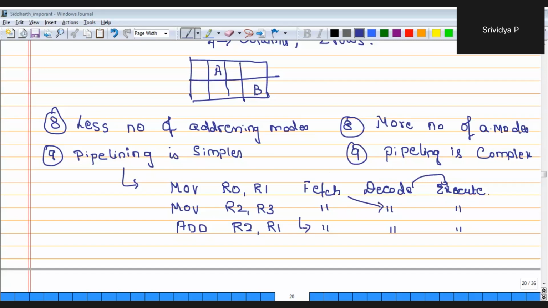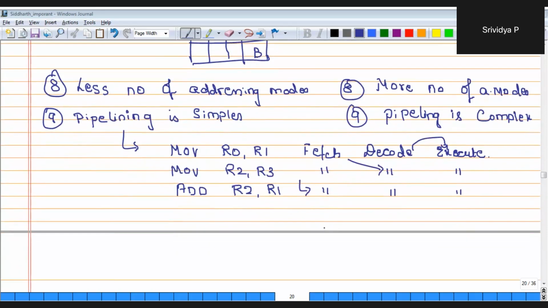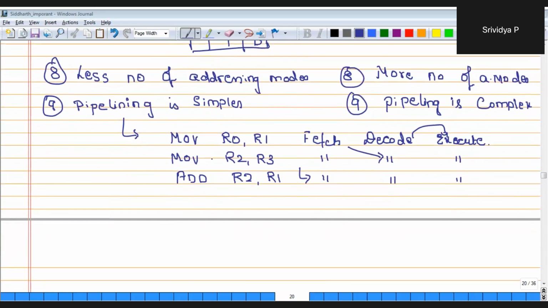This will reduce the number of clock cycles required. This has many constraints, but let's not deal with them now. As of now, let's understand that pipelining will reduce the number of clock cycles required. So the pipelining concept is simpler in case of RISC architecture, whereas it is complex in case of CISC architecture.